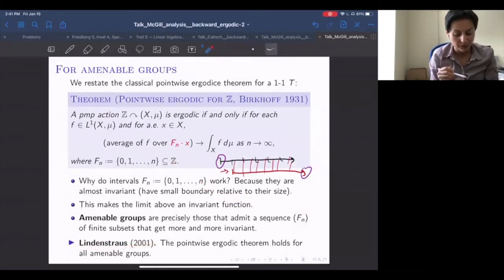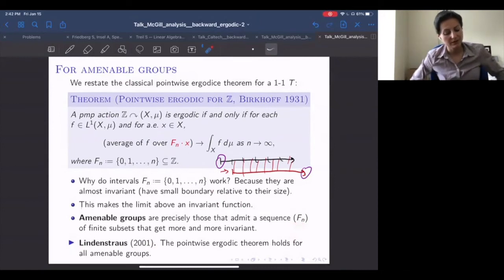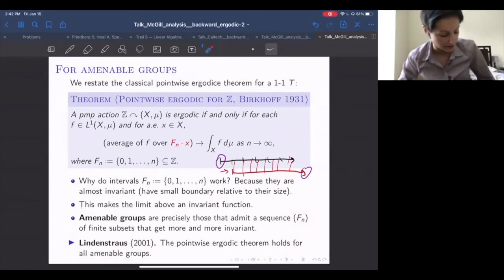So Lindenstrauss proved that for so-called tempered Følner sequences, special kinds of sequences like this, the pointwise ergodic theorem holds for all amenable groups, and every amenable group admits a tempered Følner sequence. In fact, any Følner sequence admits a tempered Følner subsequence.